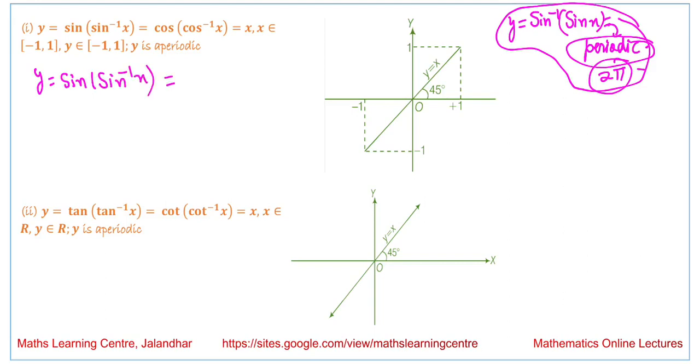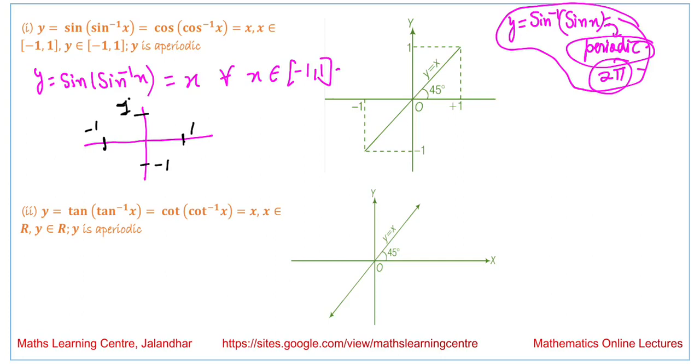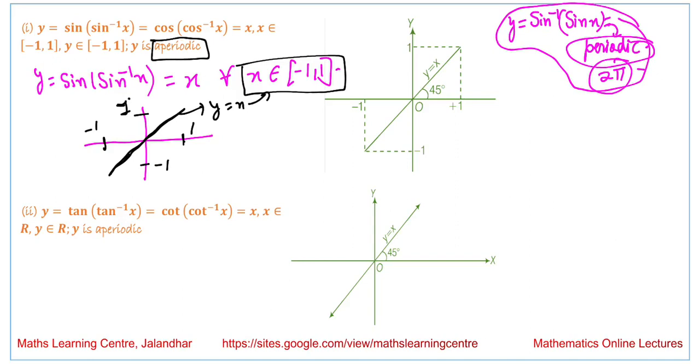We have seen that the value of this function is equal to x for all x belonging to the interval -1 to 1. So if we plot the graph of this function, the values lie between -1 and 1. Suppose this value is -1 and this value is 1. This is the graph of the function y is equal to x when x belongs to the interval -1 to 1. So clearly this function is not periodic.